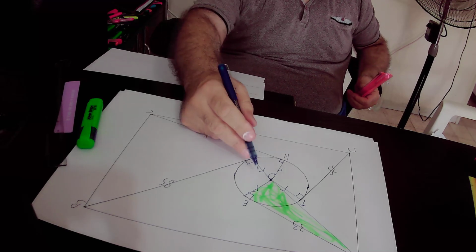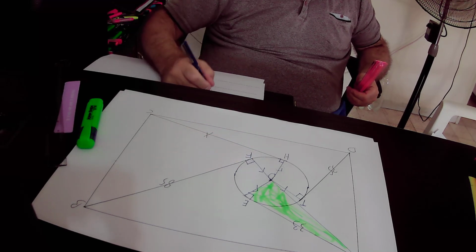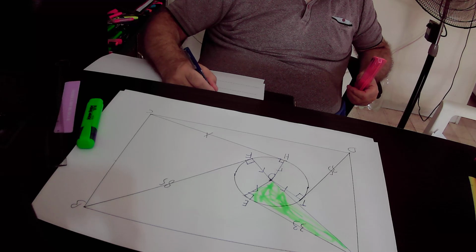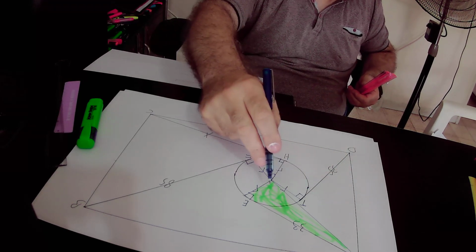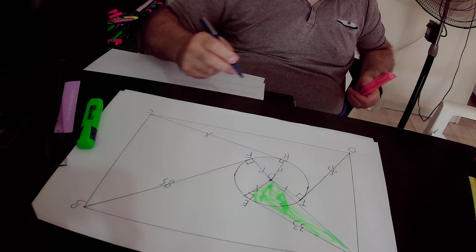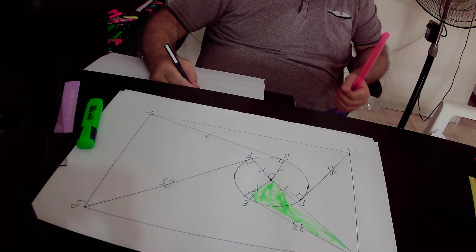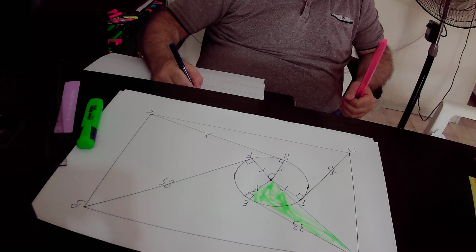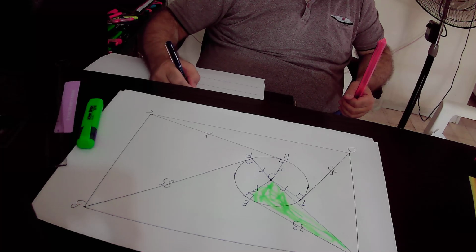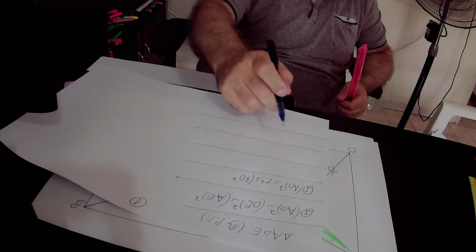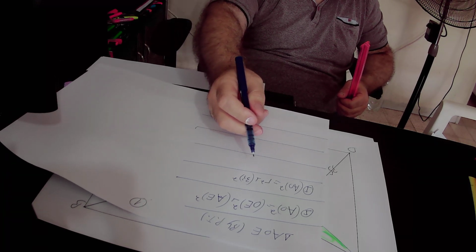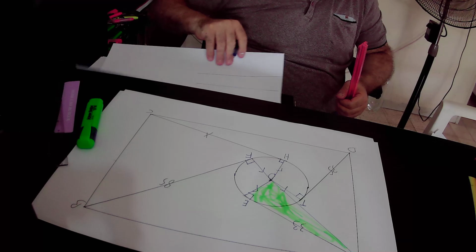OE equals R, therefore OE square is R square, plus AE square. AE equals 33 units according to what is given, therefore AE square is 33 square. So in conclusion, according to equation number 1, AO square equals R square plus 33 square.